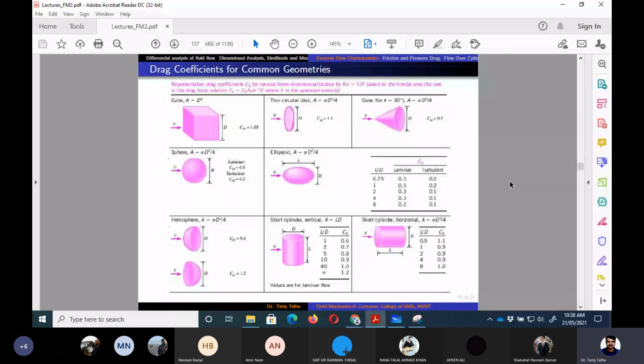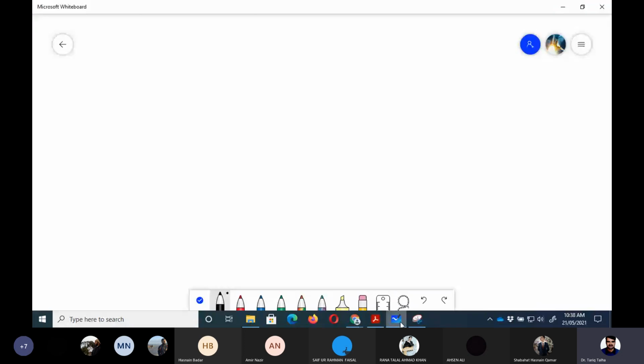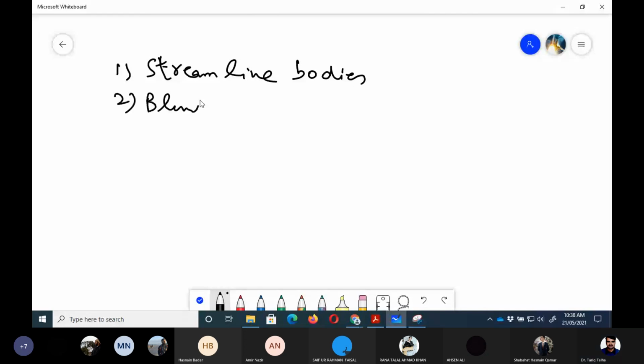In this class, we are going to discuss the characteristics of flow on different kinds of geometry. We are going to talk about two types of geometry: streamlined bodies, and second, blunt bodies.